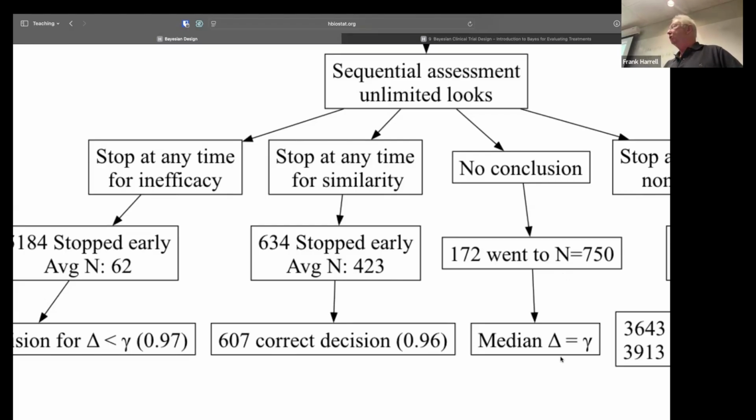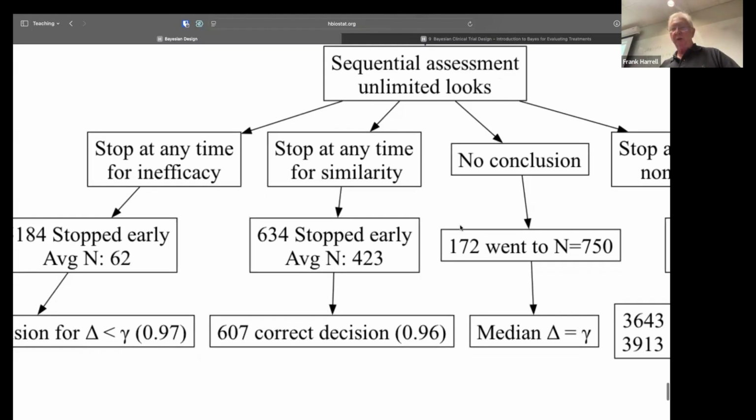What makes you unable to say what the treatment does is that the true effects of those 172 clinical trials were generated when the true effect was right at the threshold. So your threshold of triviality was 0.1 for gamma, and the median of all the deltas when this happened was exactly 0.1, with a very narrow spread away from 0.1. So you're right at the threshold, so you really have maximum indecision when you're right at the triviality threshold. It all makes sense. But we've avoided this happening very often.